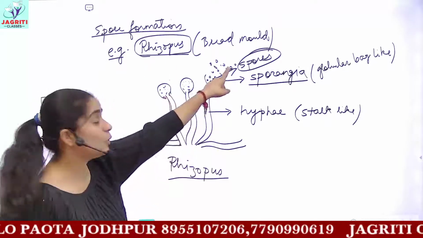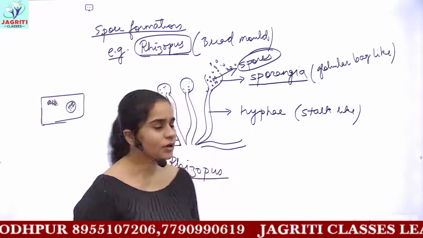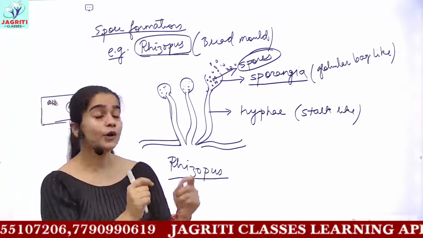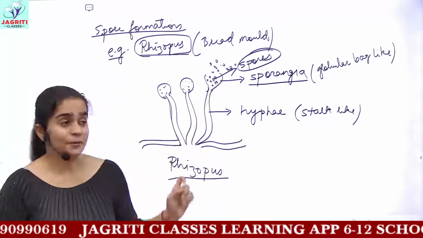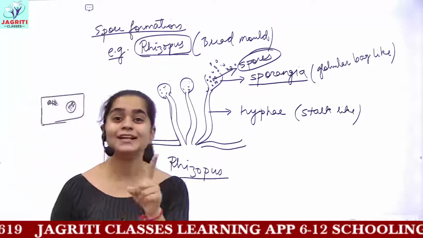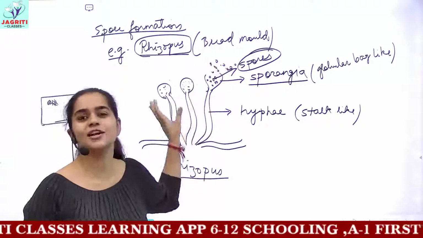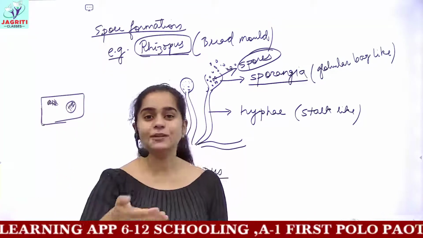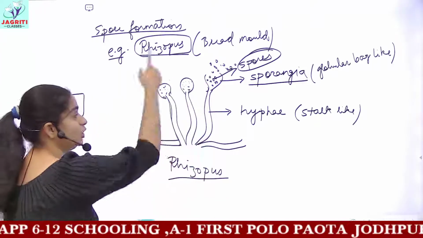So each spore is capable of growing into a new Rhizopus. Then you will imagine, if each spore is capable of growing into a new Rhizopus, why do you have so many spores? Because every spore would not get favorable conditions. Only some of the spores from such a large number get the favorable conditions, and then they germinate when they get moisture, soil, everything. So they germinate and they form a new Rhizopus.